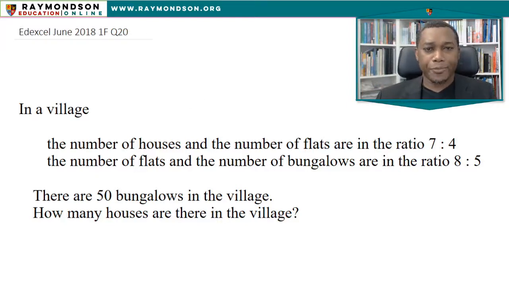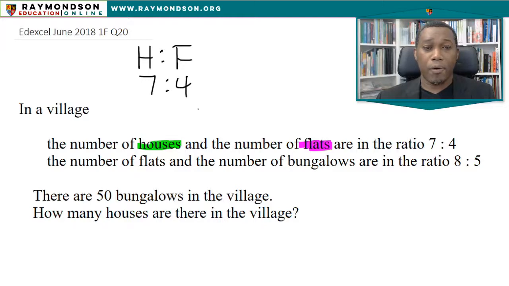Okay, right. So the ratio is 7 to 4, and you want to label this. You have the houses. Then we have information about flats. The ratio of houses to flats, we're told, is 7 to 4.